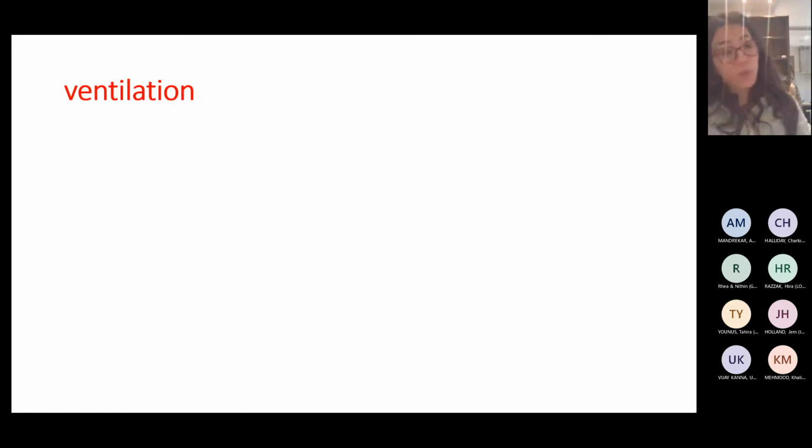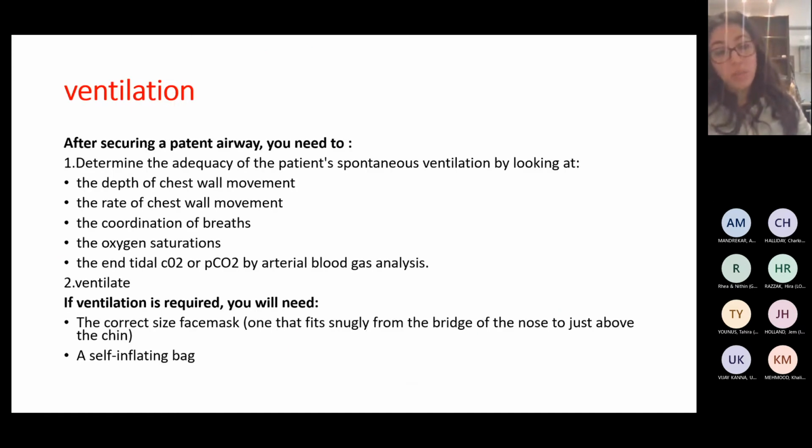At this point, you have to determine your patient's adequacy of spontaneous ventilation, their own breathing. How good is it? You can do that by checking their chest wall movements, the respiratory rates, their saturations.